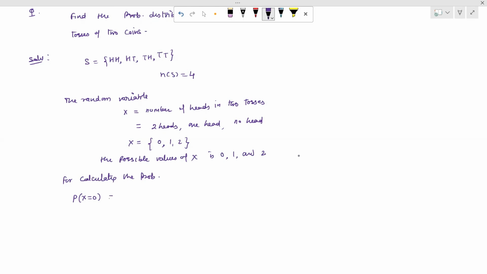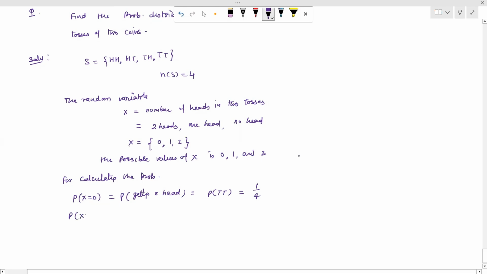It means that you are going to calculate the probability of getting zero heads. Zero heads means no head, so both are tail. How many elements are in this? Only a single element, out of n(S). So the event E is no head, and this will be 1 by 4.